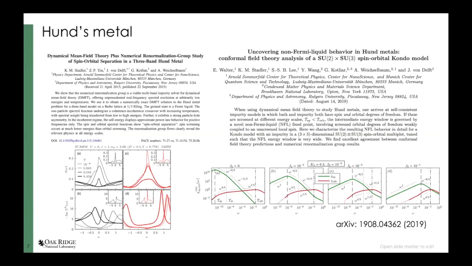These two temperatures are somehow different in the Hund's metal phase. At high temperature, you first enter the orbital coherent regime, but your spin still remains frozen. So in that special regime, you have what people now call Hund's metal physics.